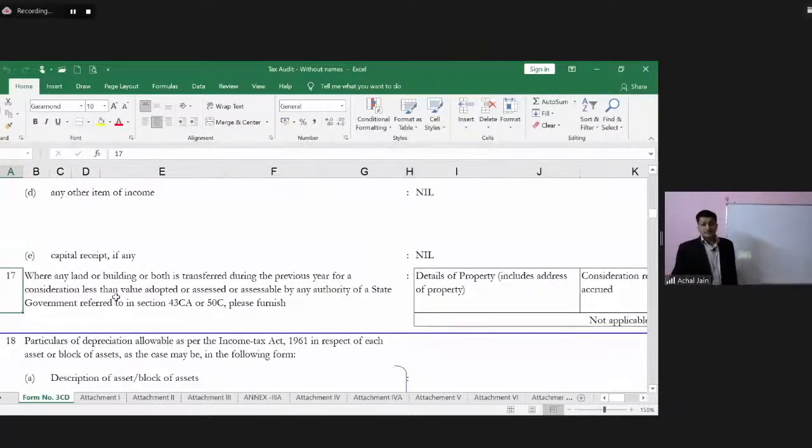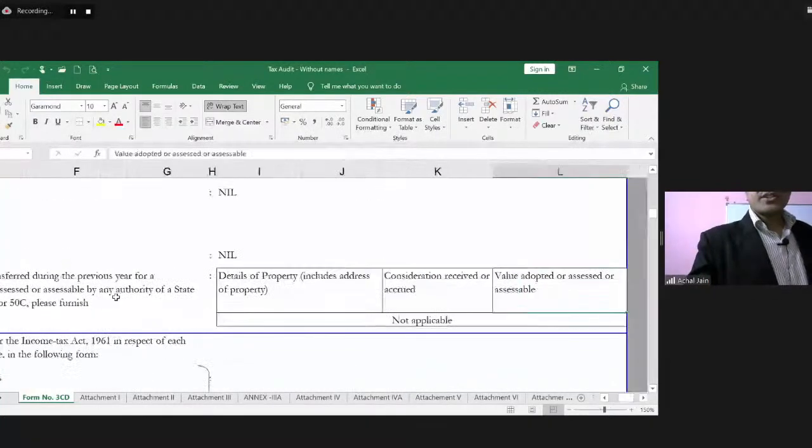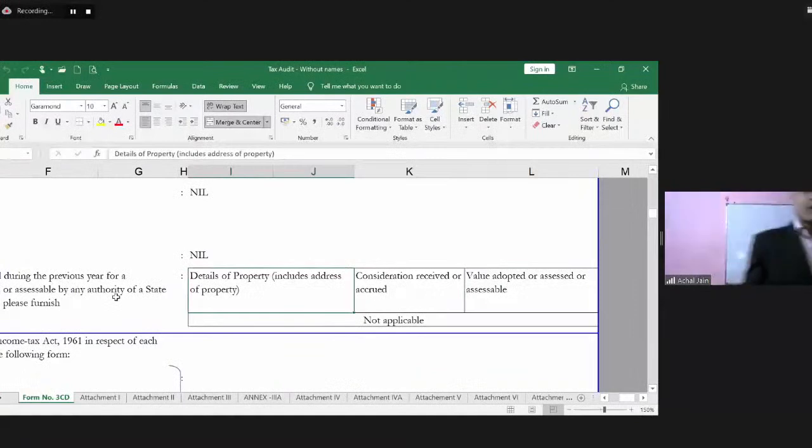If yes, then the assessee is required to furnish these details.